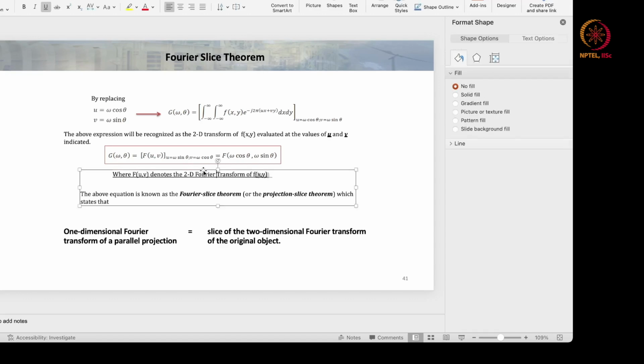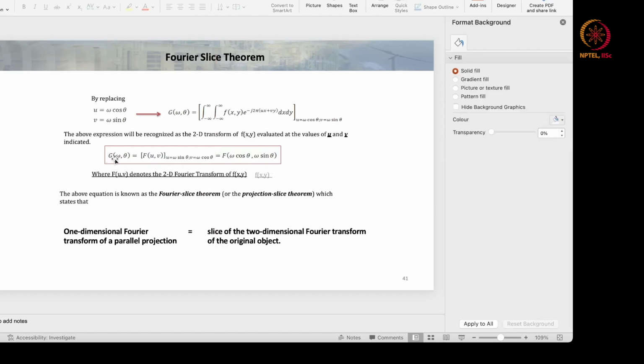So G(omega, theta) is F(u,v) evaluated at a certain value of u and v, which is nothing but the 2D Fourier transformation.